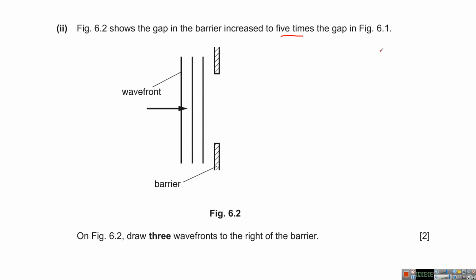Now we do know if d is greater than lambda, then we only get edge diffractions, and we also need to understand that the wavelength is small. We do know when the wavelength is small, then there is very little diffraction. I'm just giving these dotted patterns, right? So we are going to get straight wavefronts in the middle, right?